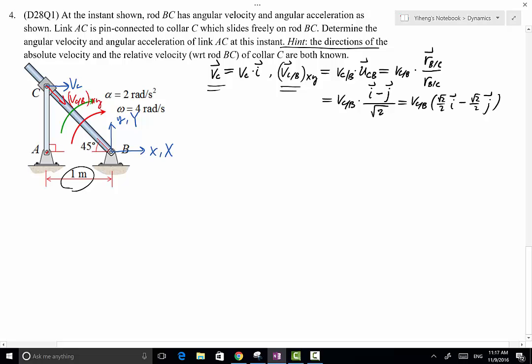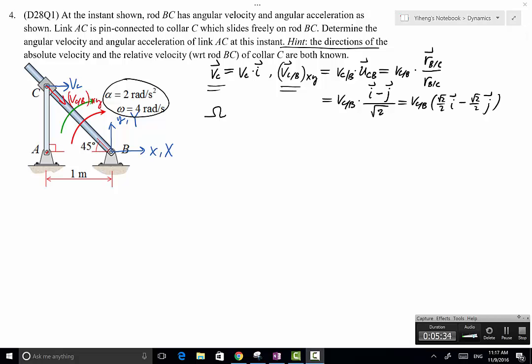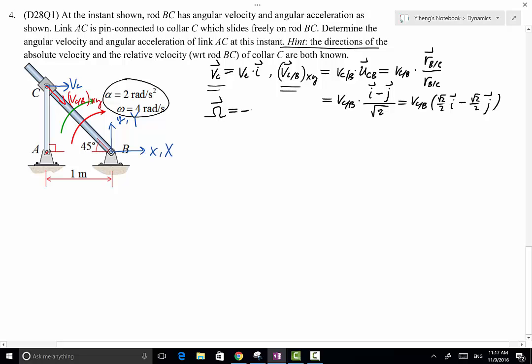And then moving on, we're going to write the angular velocity and angular acceleration in vector form as well. They are both clockwise, therefore omega, capital because it represents the angular velocity of the rotating coordinate system, is the same 4 radian per second negative k, so negative 4k.